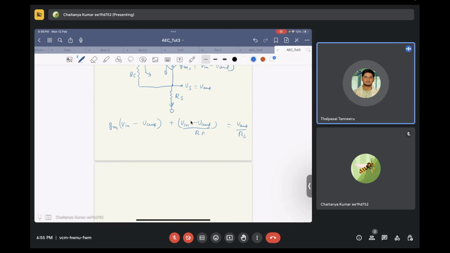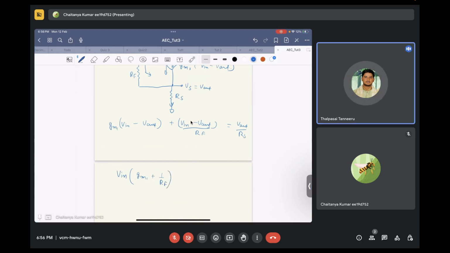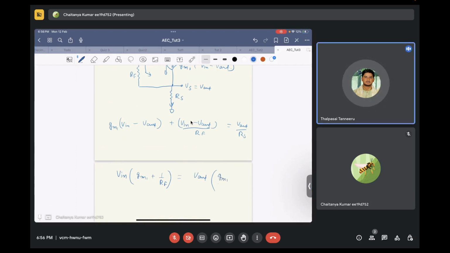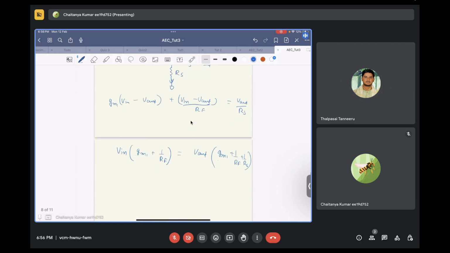So GM1 plus 1 by RF times V in; we'll take all the V in terms on one side. Yes, sir. GM1 plus 1 by RF. And V out terms on the other side, GM1 plus 1 by RF plus 1 by RS.